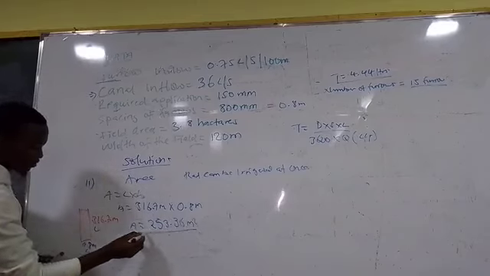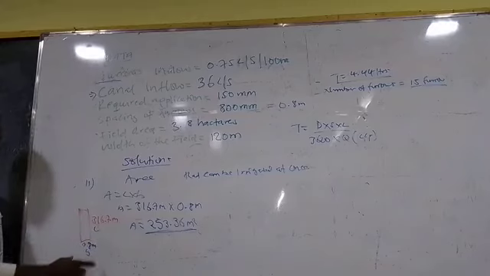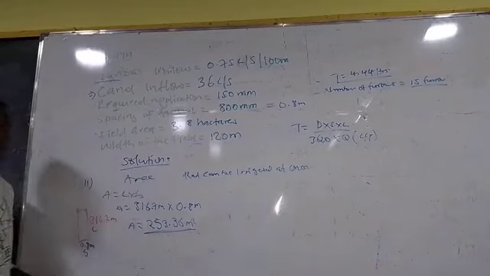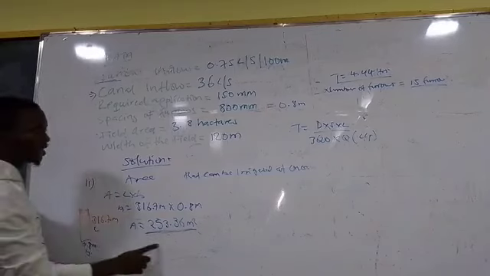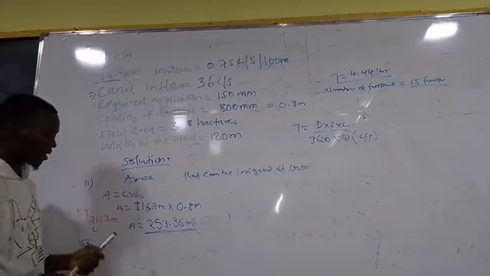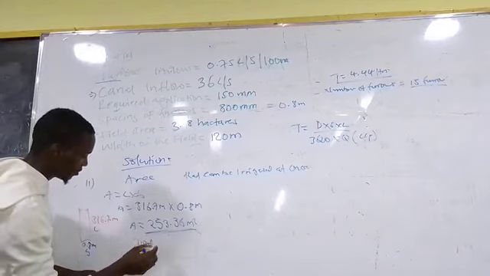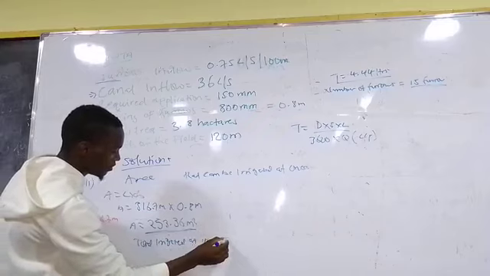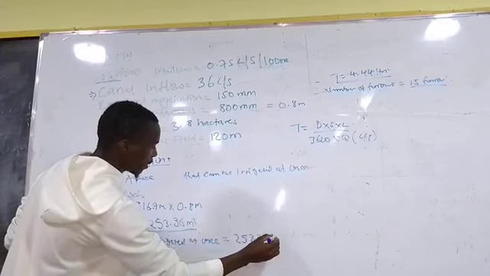Okay. So this is just the area of one furrow. But we want to find the area of how many furrows? 15. So we are going to multiply this area of one furrow times 15 to get the area of the 15 furrows. So the total area irrigated at once is equal to 253.36 times 15.